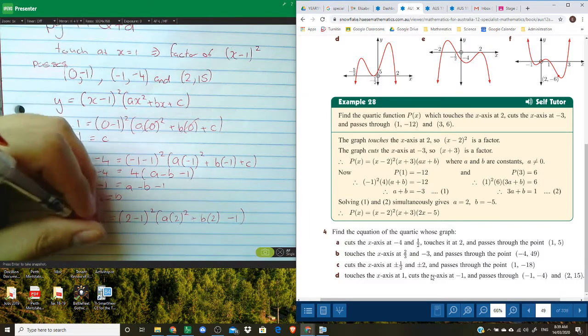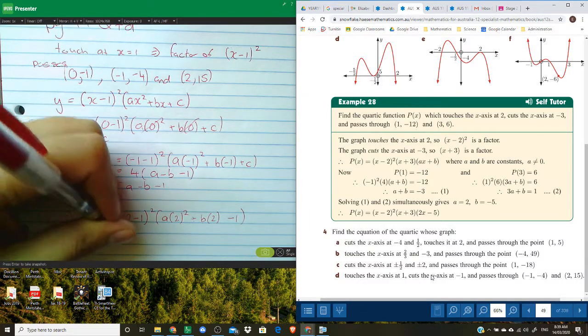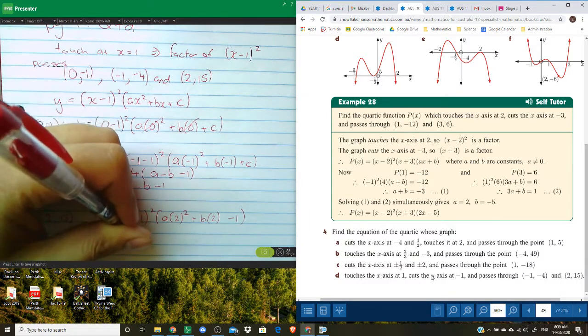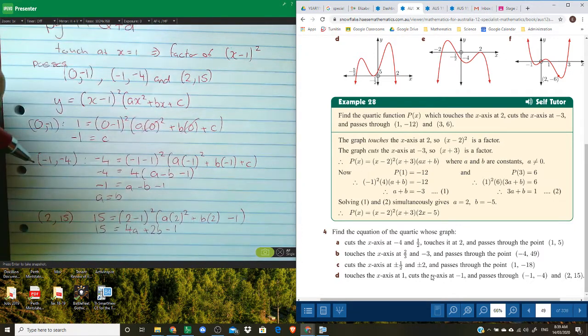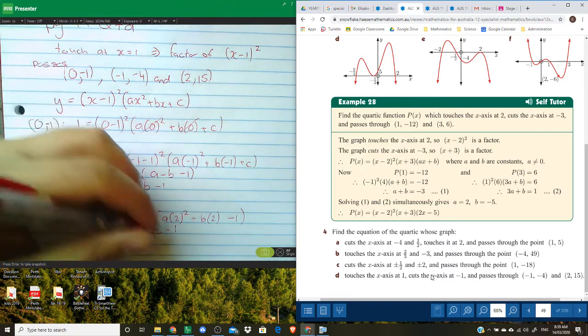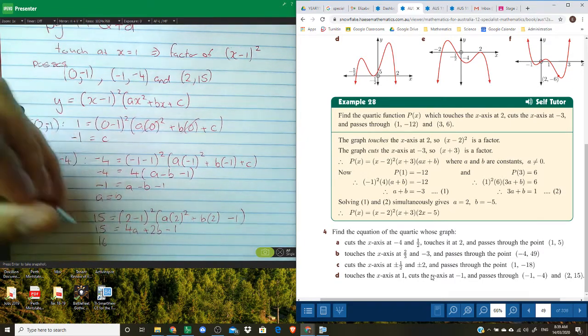So 4a plus 2b minus 1. Bring that across, 16.